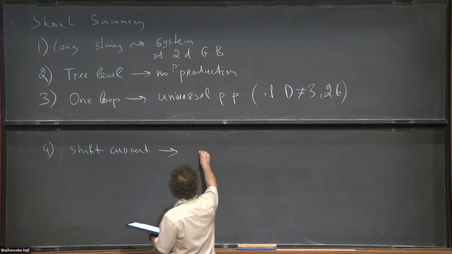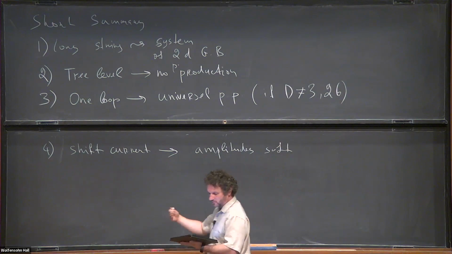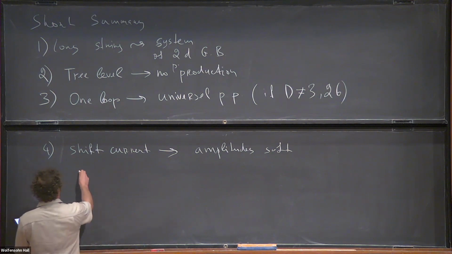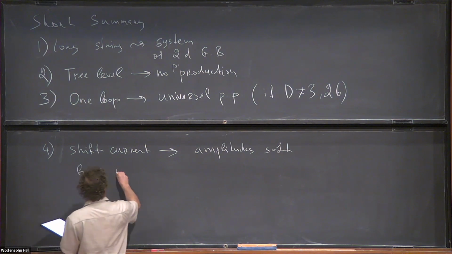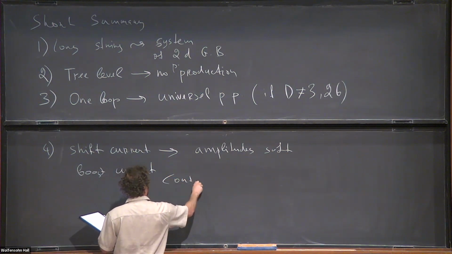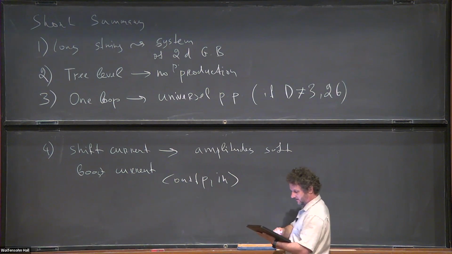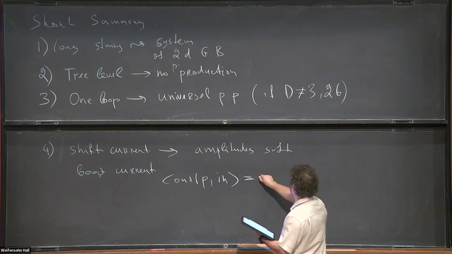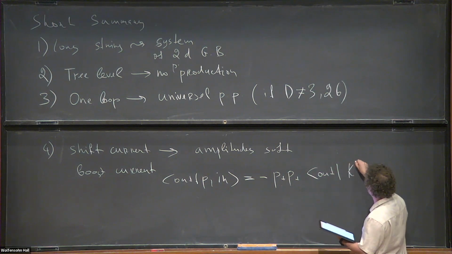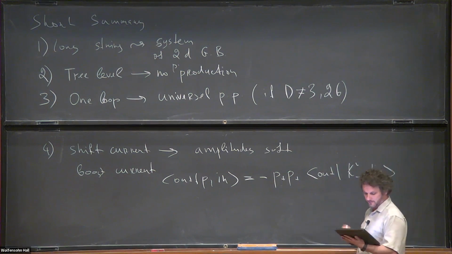implies that amplitudes are soft. They vanish when the momentum of one of the particles goes to 0, but that was obvious to start with from the form of the action, but conservation of the boost current led us to this Ward identity that for arbitrary in and out state with additional Goldstone particle, one gets a relation of this kind, out minus in, where this K is the nonlinear part of the boost current.